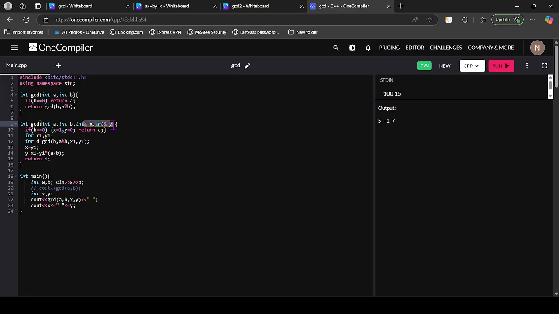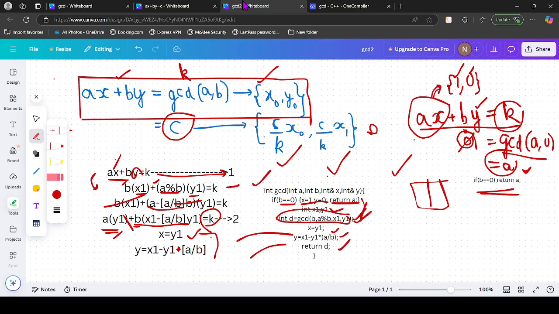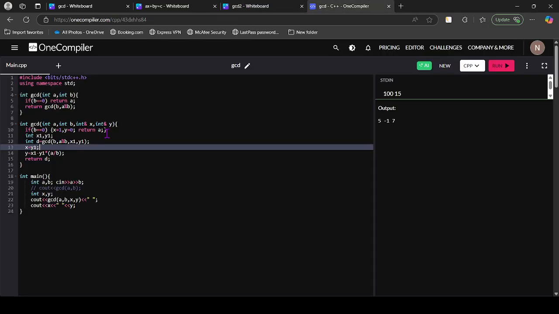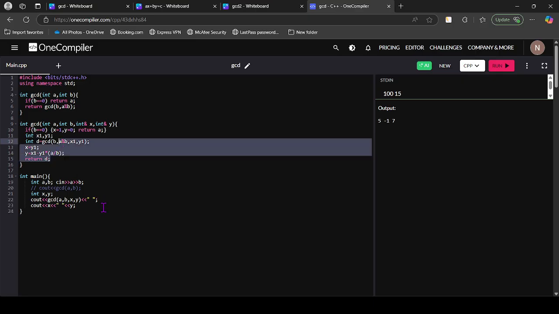We can pass these both by reference because we want the solution for the next one, and based on the next one, we are updating the solutions for the present one. So x1 comma y1, and we are calling recursion GCD of b comma a mod b comma x1, y1, and x is equal to y1 as we have seen here, and y is equal to this, and finally returning the values.